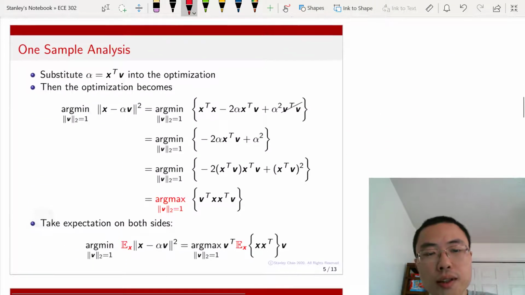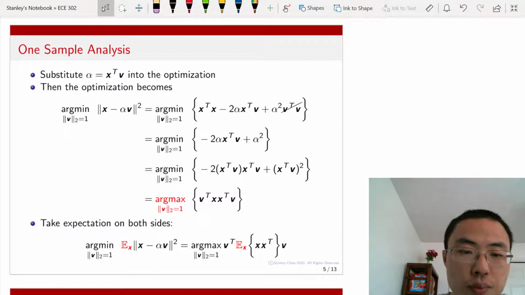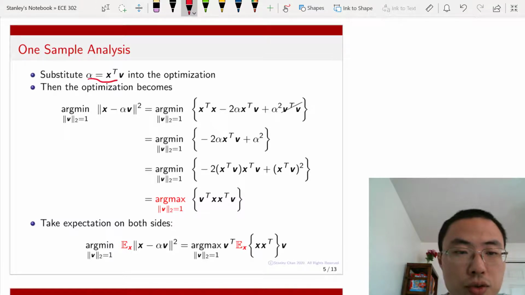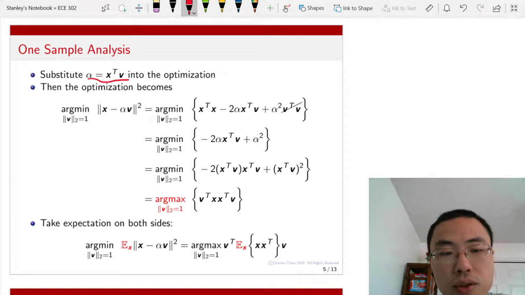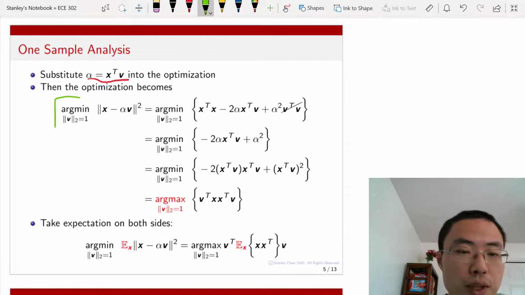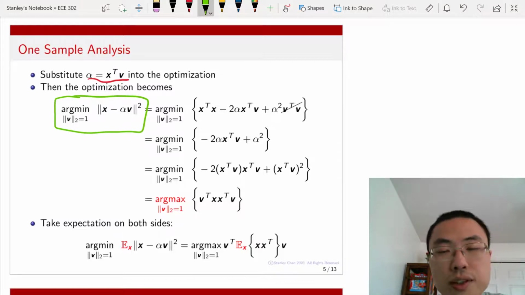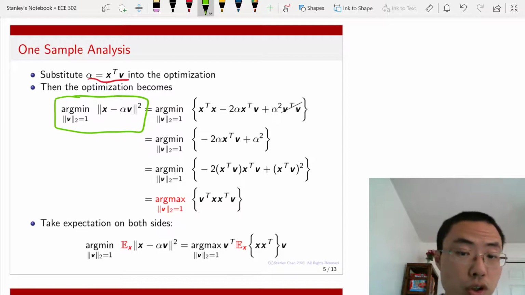And then we want to substitute this alpha equals x transpose v into the equation again. Because in the previous equation, I needed to solve for alpha, and since I now know what alpha is, I can just substitute it. So the equation goes as follows. You want to minimize the deviation between x and your alpha v, which is your predictor.